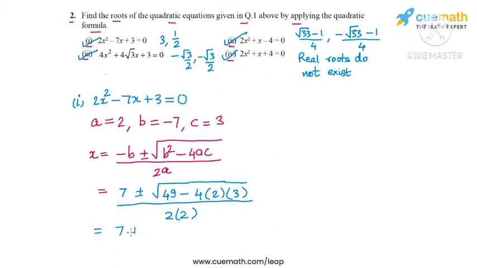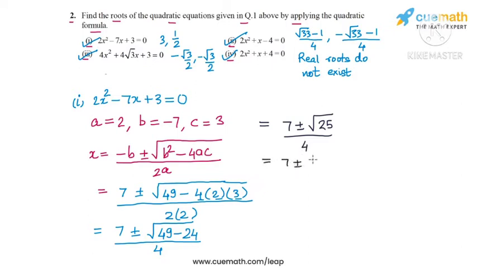This is equal to 7 plus minus root of 49 minus 4 into 2 into 3, so that's 4 into 2 is 8, 8 into 3 is 24, so 49 minus 24 by 2 times 2 is equal to 4. So this is equal to 7 plus minus root of 25, 49 minus 24 is 25, so 7 plus minus root 25 by 4, and this is equal to 7 plus minus 5 by 4.